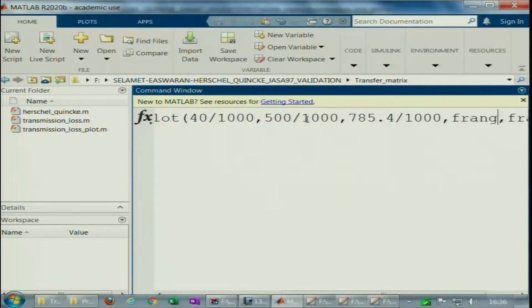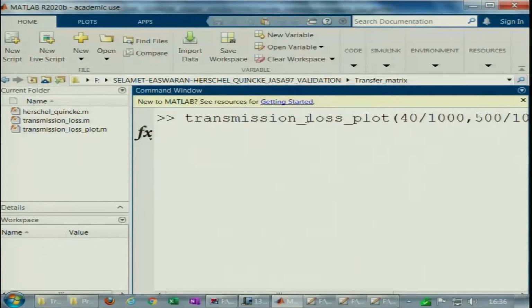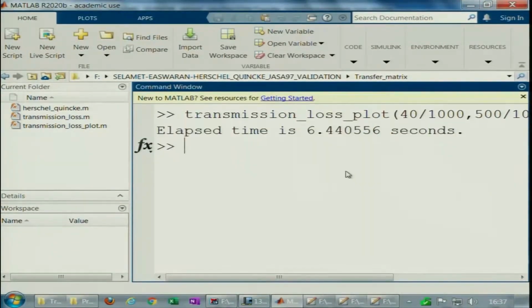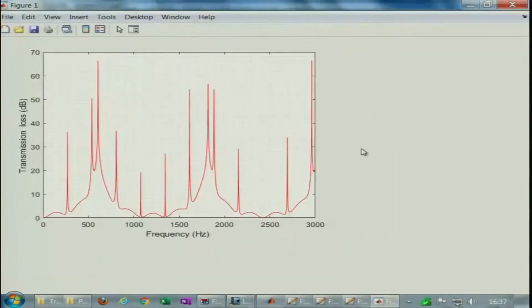Everything is in meters. So, I can go from 1 to 3000 hertz, because really for such things only very low frequencies will propagate. So, we have this kind of a thing. It is going to take a little bit of time and we get this kind of transmission loss.